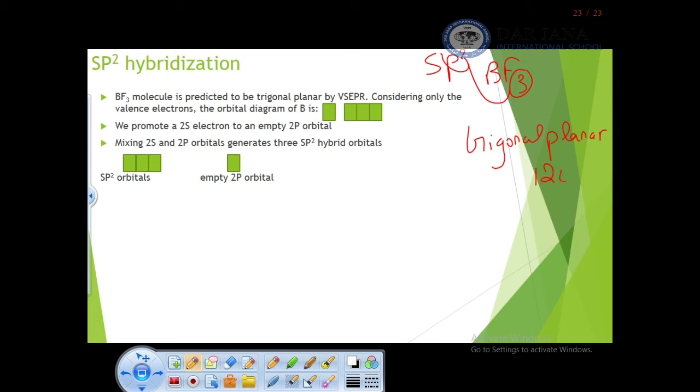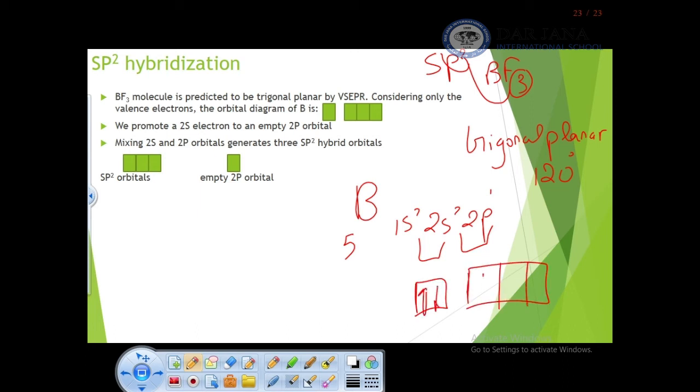It's 120 degrees. So B is number 5, 1s2, 2s2, 2p1. Okay? The valence electrons of it are 3. We have 1 up, 1 down, and we have p 1 up. Okay? So what will happen after hybridization?